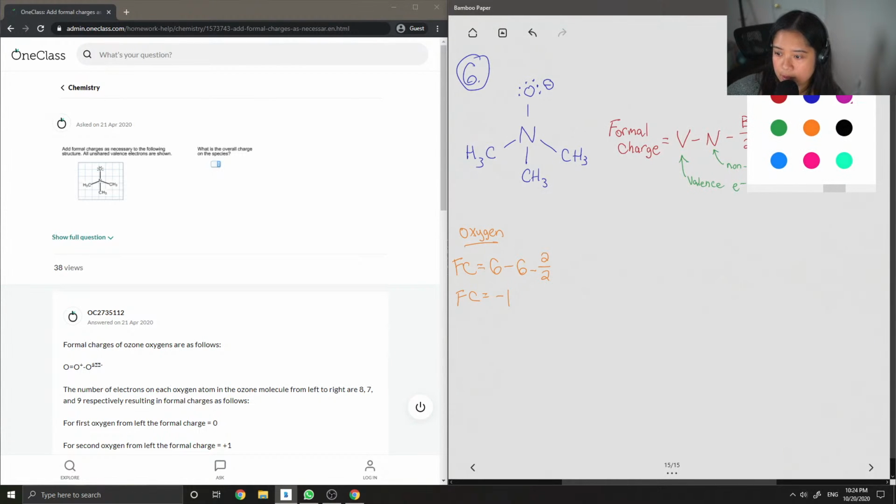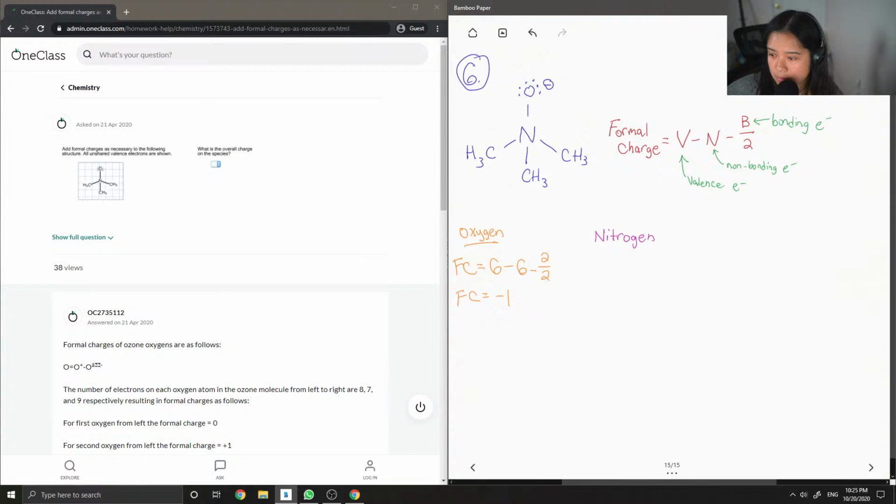Now let's look at the nitrogen. So for the formal charge of nitrogen, nitrogen's valence electrons are only 5. If you look at the structure, you'll see that there are no non-bonding electrons. So I'm just going to write 0.